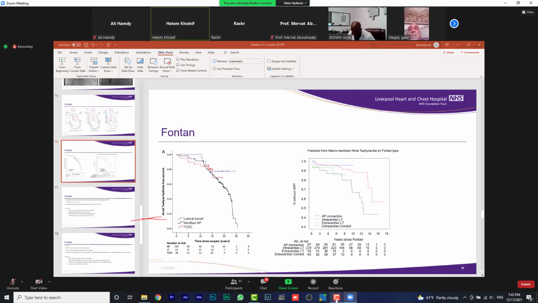I mean that the surgical procedure itself has shifted to the extracardiac. Yeah, they don't use the old techniques anymore. No, we moved to the extracardiac probably about 15, 20 years ago. So the incidence is now not seen as frequent as before. No, certainly my workload from a Fontan perspective is largely the AP group and a few of the older lateral tunnels.